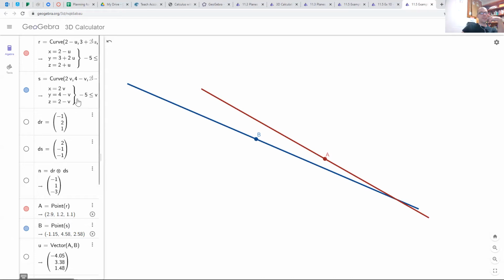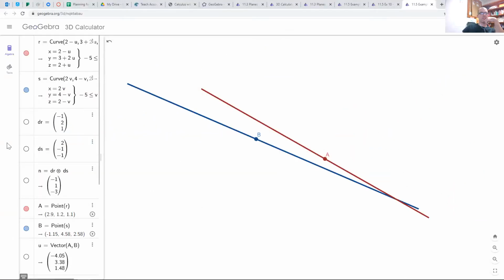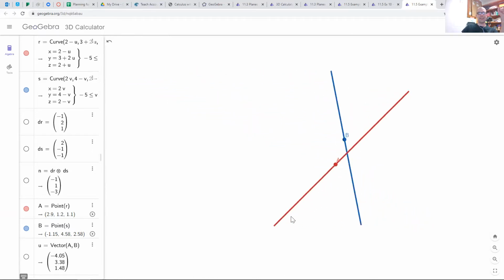Did I type that incorrectly? Oh, yeah, it's the first one. That's just 2V. Okay, we're good. So R and S are fine.